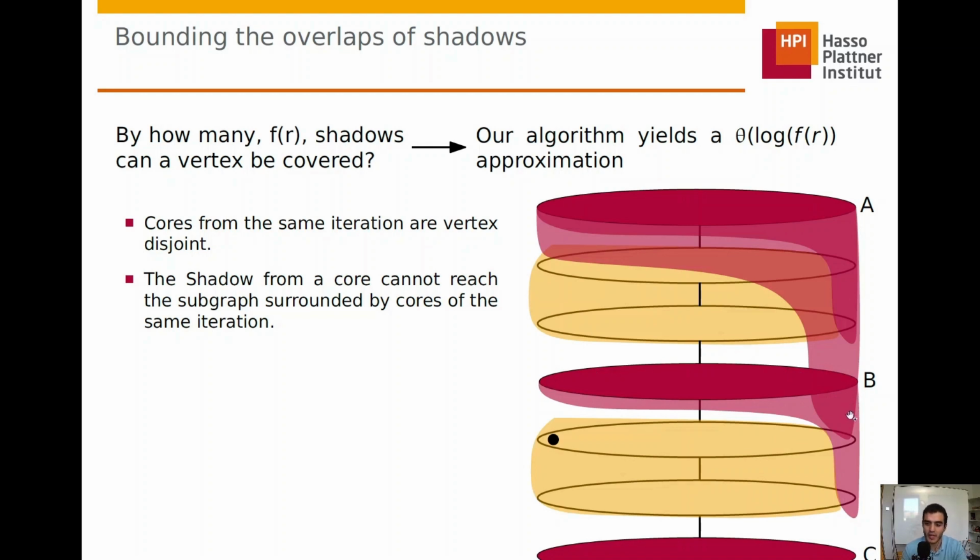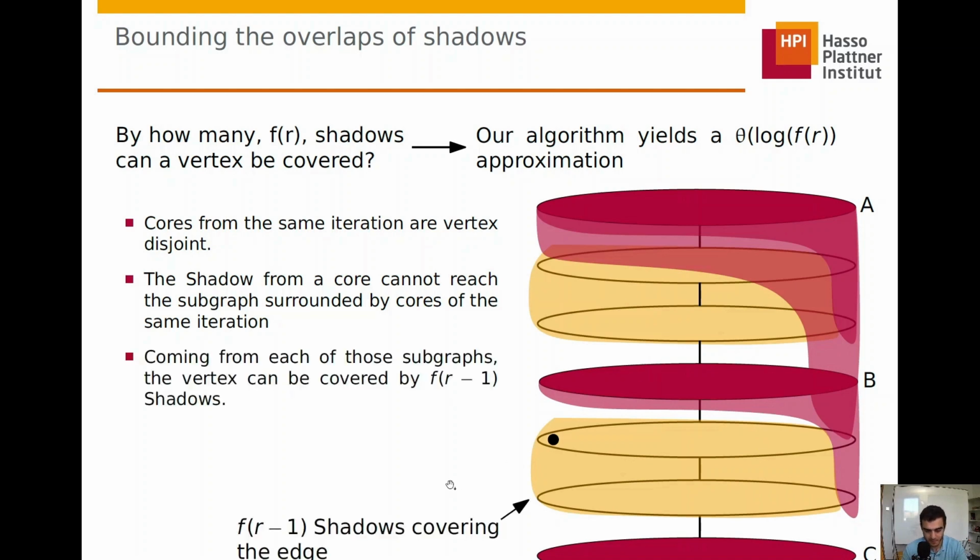Because B equals A. So wherever the core A starts, there's some epsilon distance here, and it will not be able to get past the core of B. So it cannot touch this subgraph. So it's protected.